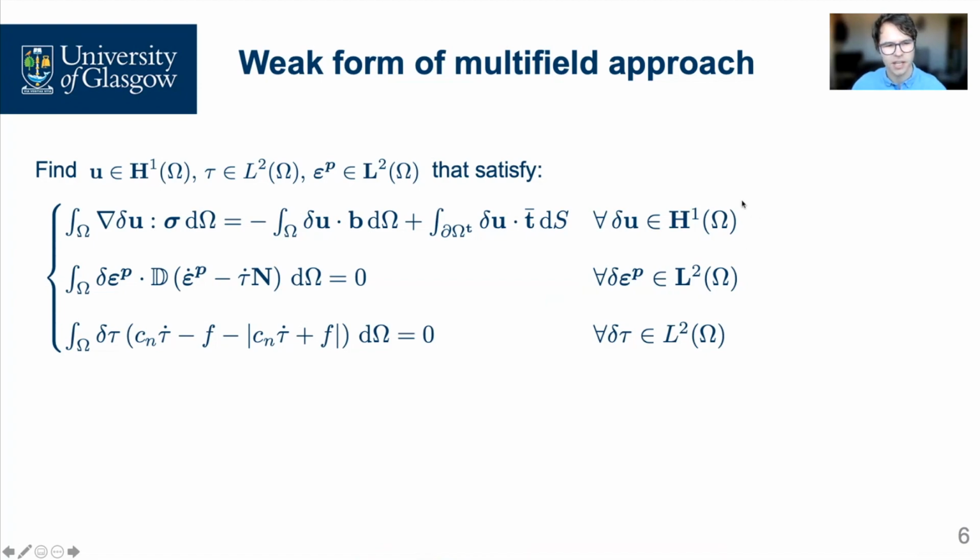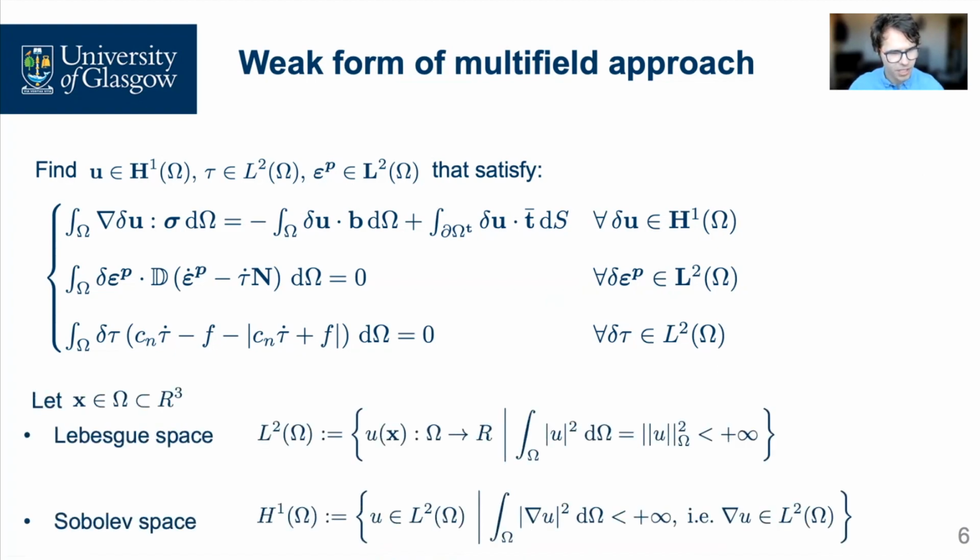And please note here that the displacements are in H1 space, so it means they are continuous, and plastic strain and plastic multiplier are in L2 space, so it means they are discretized discontinuously. And this is a more detailed definition of what it means, L2 and H1 space. So in L2, the norm of the function is bounded, and in H1, the norm of the function and its gradient is bounded.